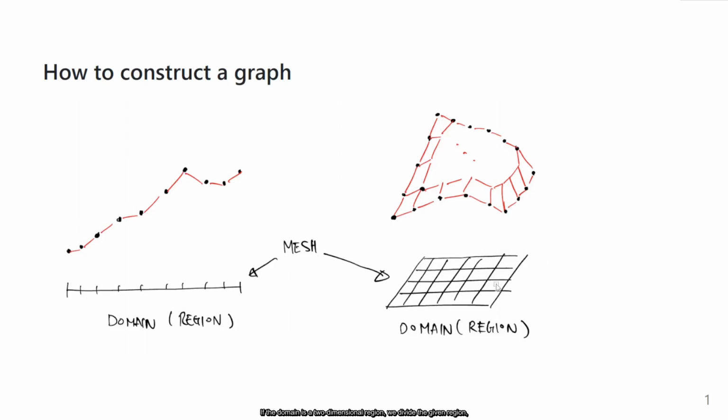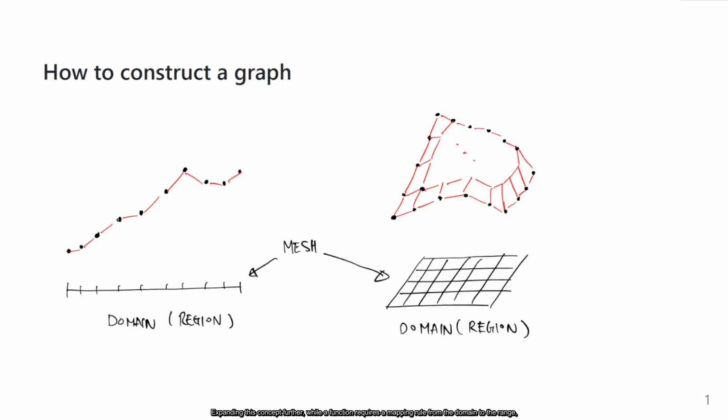If the domain is a two-dimensional region, we divide the given region, plot the function value at each divided grid point as points in three-dimensional space, and then connect those points with adjacent points to represent the graph. In other words, to create a graph, we need to divide the domain, calculate the function values at the divided points, plot these points in a higher dimensional space, and then connect the adjacent points with line segments.